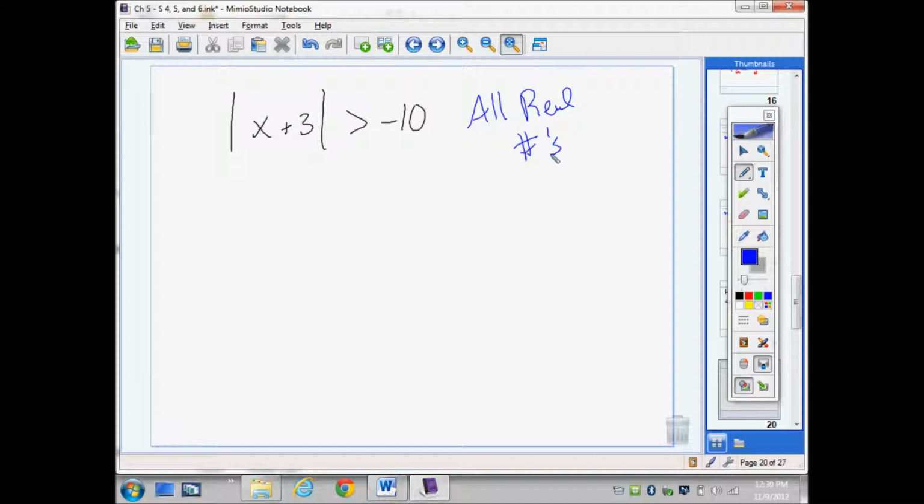Because no matter what's in here, this will always be true because absolute value is always positive. Do you see that? And likewise, absolute value is always positive, so it doesn't matter what's going on in here, it'll always come out positive, which means that it cannot be less than a negative. So this will always be no solution.